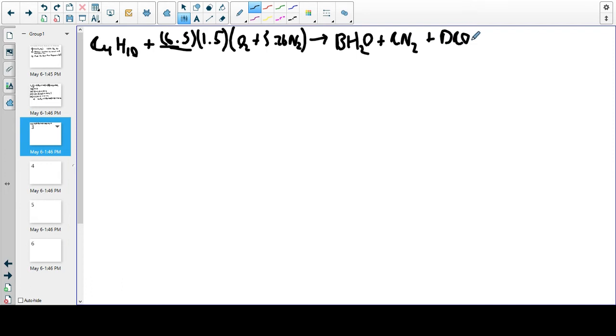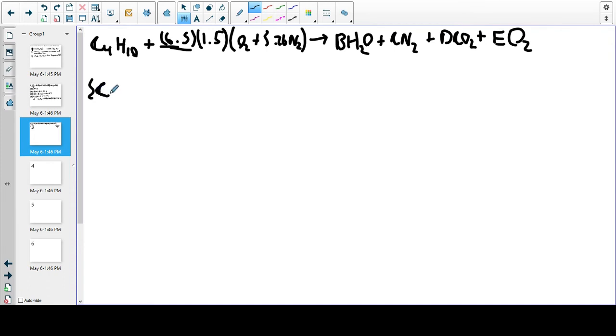CO2 plus, now this time though, since the last reaction assumed that all the oxygen was used up and we don't have any excess, but this time around there is excess because we're putting in more air, which means we're putting in more oxygen and nitrogen to the reaction. So let's do the same thing again.